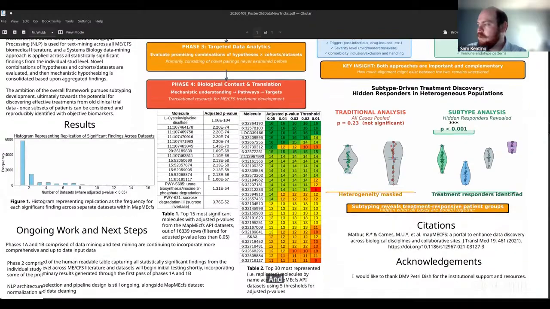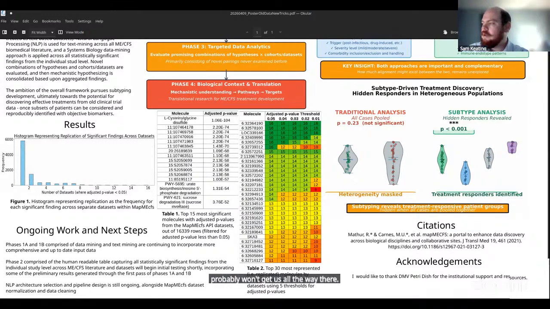And part of what the early findings in this work uncovered is that the p-value alone, the statistics alone, probably won't get us all the way there. So table 1 here takes just the top 15 most significant adjusted p-values with the molecule name.